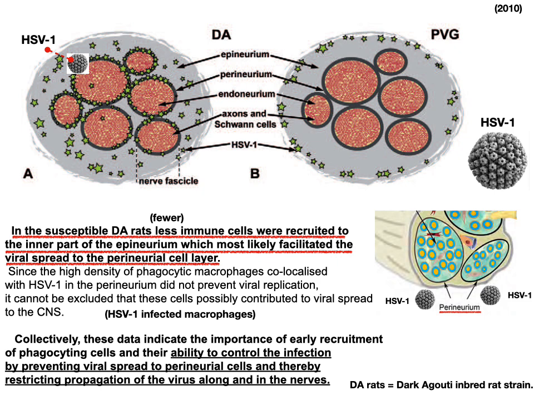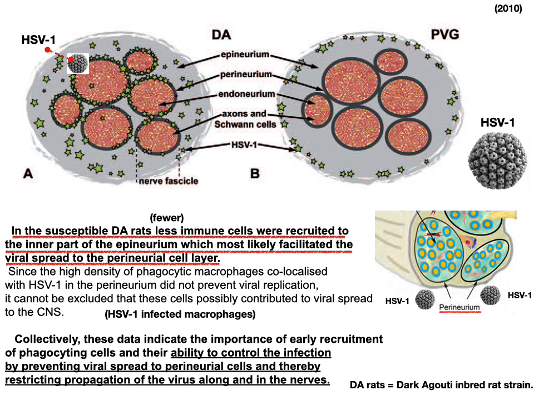In the susceptible DA rats, fewer immune cells were recruited to the inner part of the perineurium, that is the covering of the nerve, the outer covering, which is cellular and has also strong amounts of extracellular matrix. So fewer immune cells were recruited to the inner part of the perineurium, which most likely facilitated the viral spread to the perineurial cell layer.